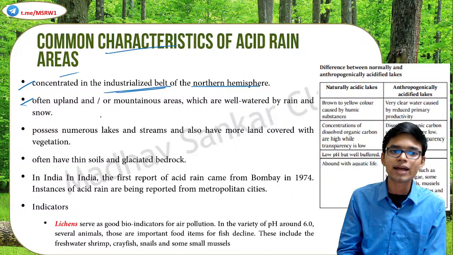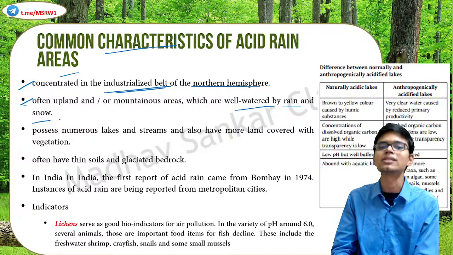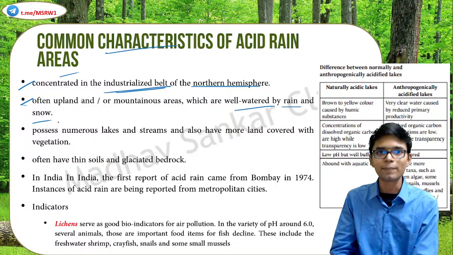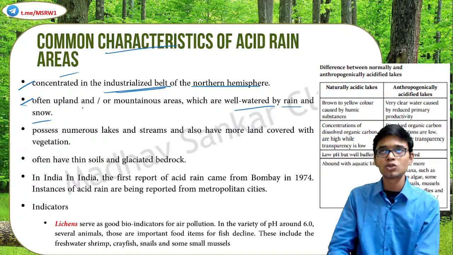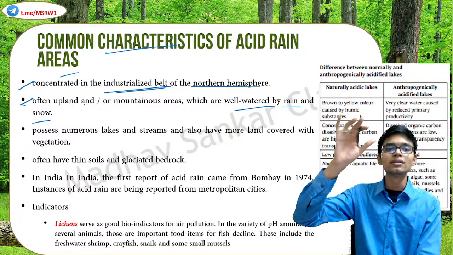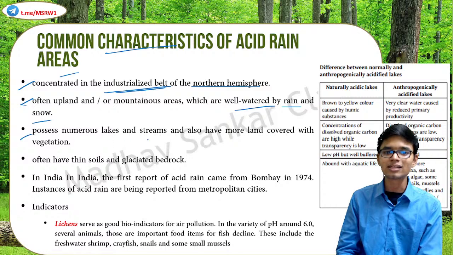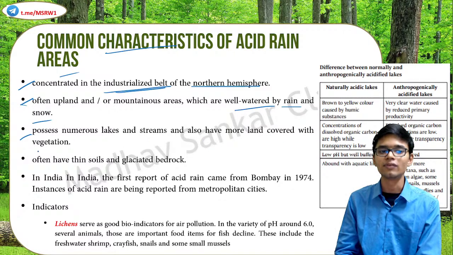Often upland and mountainous areas which are well watered by rain and snow. Yes, if acid rain has to happen, then precipitation has to happen. So upland areas where rain and snow is prevalent are again favorable for acid rain. They possess numerous lakes and streams and also have more land covered with vegetation.